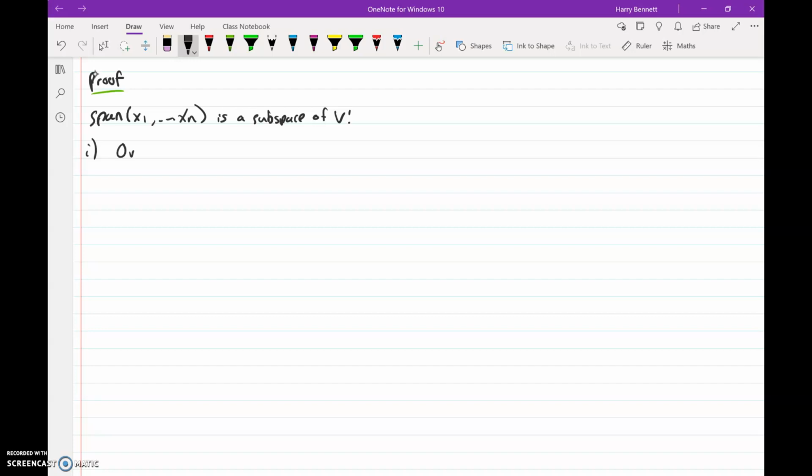Well, the zero vector can be written as the zero element of the field times x1 plus all the way up to the zero element of the field times xn. Really I should be putting vector notation, but you should be familiar that these are all elements of a vector space anyway, and so they are all vectors. And this is indeed contained in the span, by definition of the span. So that's contained in the span.